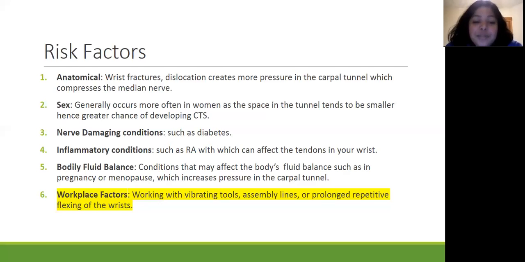So inflammatory conditions. This one is describing where it could be due to an involvement of not just Vata alone, but other factors that are affecting the flow of Vata. Okay, such as in rheumatoid arthritis, which can affect the tendons in the wrist.